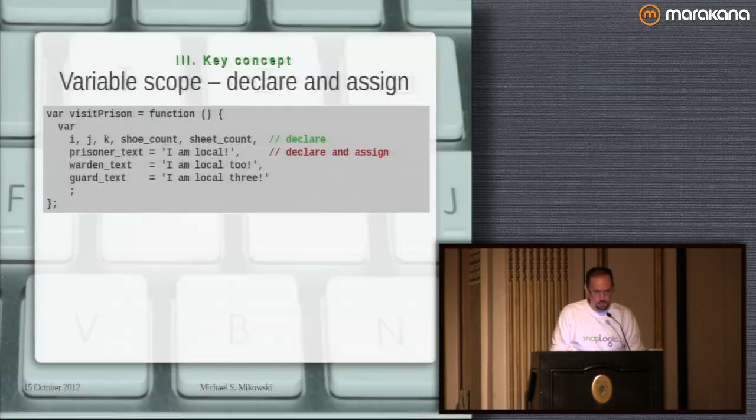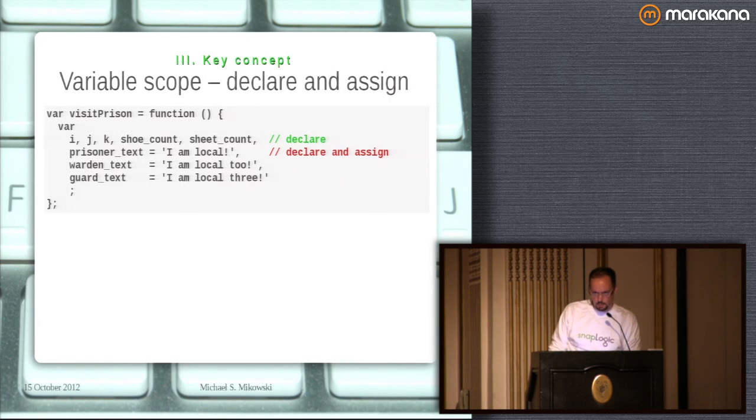You need to recognize in JavaScript, even though you can declare and assign things at one time, inside of JavaScript, it's actually two different steps. Declaration always happens at the top of a function, and assignment happens at runtime as necessary.